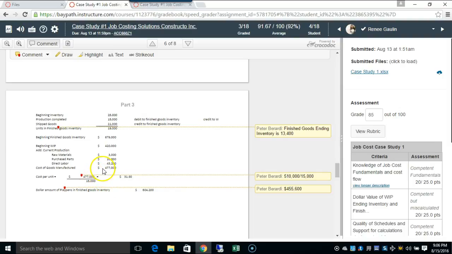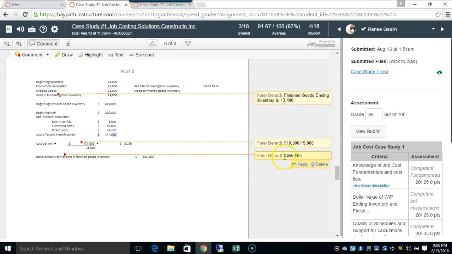One, your cost of goods manufactured should have been $510,000, which I've identified here. You were correct in the units completed, so you were just off because your cost of goods manufactured was off.